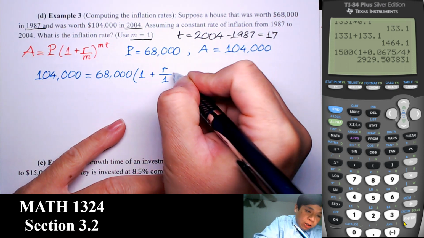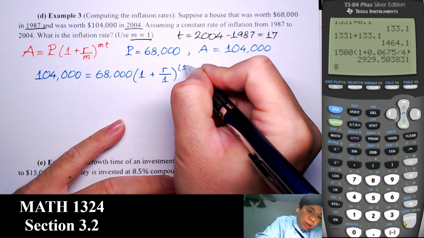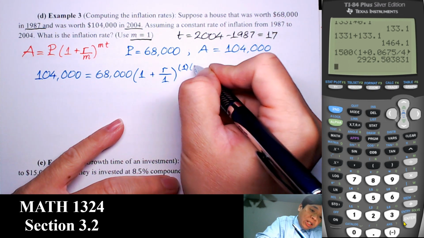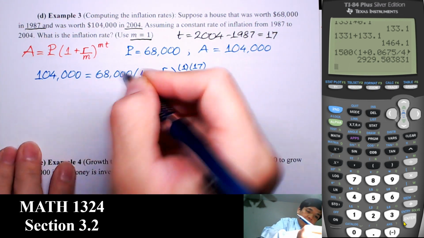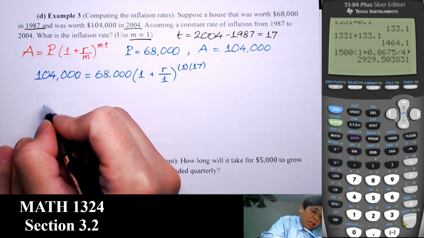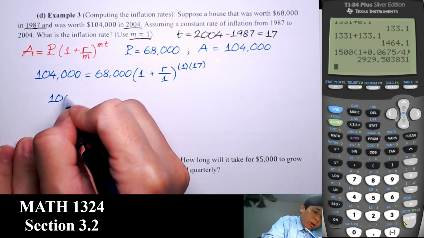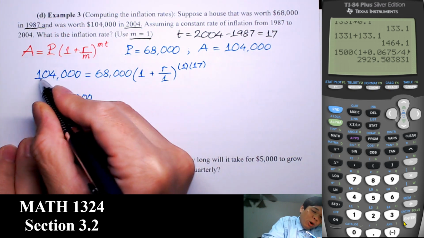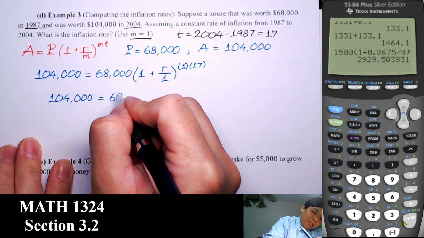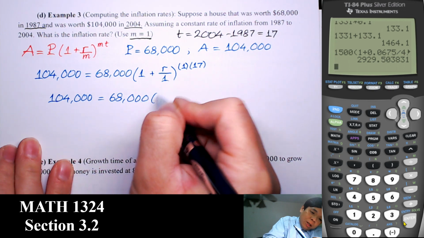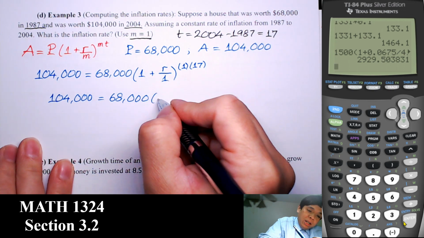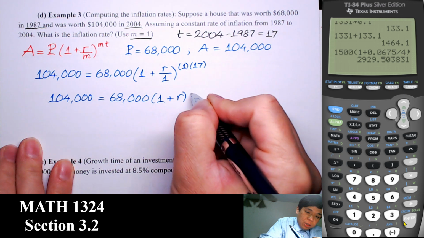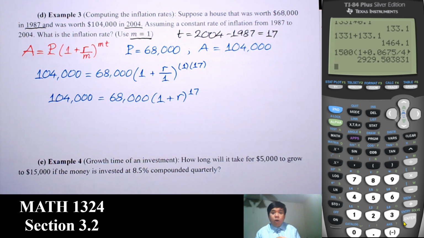M is 1, times T we do know is 17 years. Now let's simplify this a little bit. We can get rid of the 1,000 and just say 104 and 68. Since M equal to 1, just say 1 plus R to the 17. Now we just solve for R.